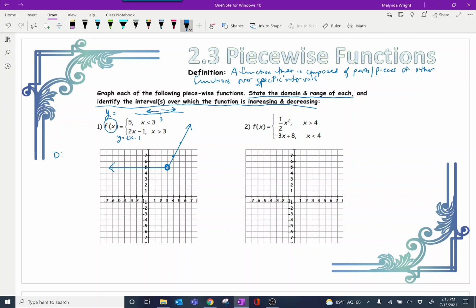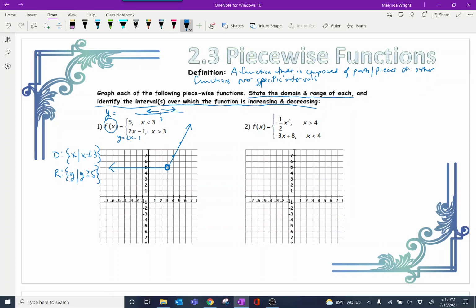So if we use set notation, all x such that x does not equal 3. Okay, that works. Our range is, let's see, our smallest y value is 5. So all y such that y is greater than or equal to 5. There's our domain and range.